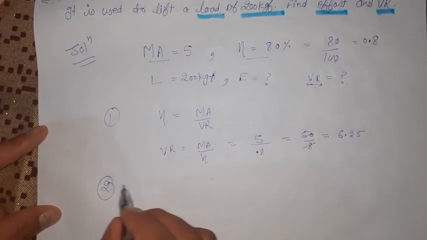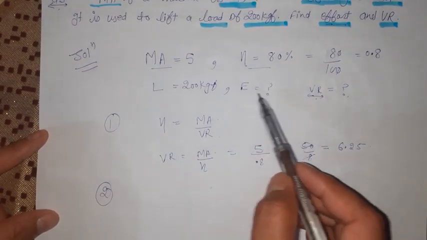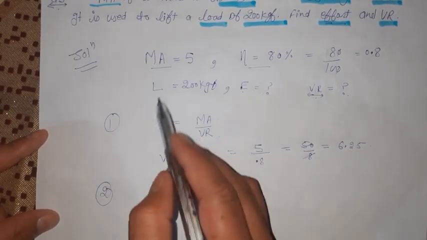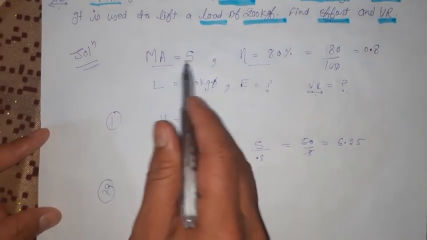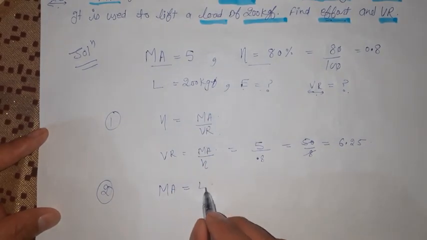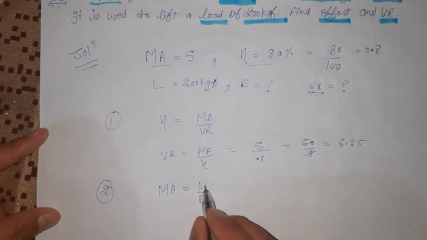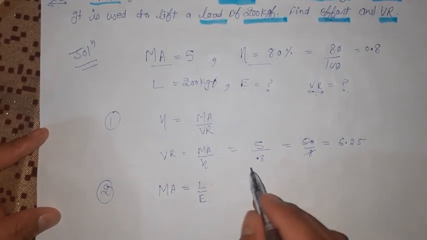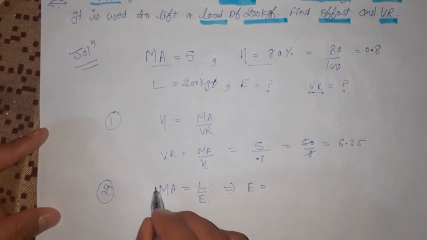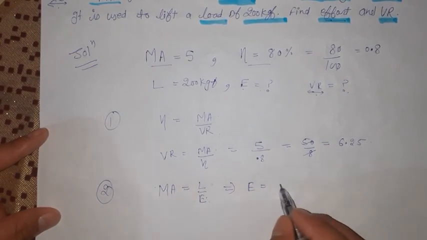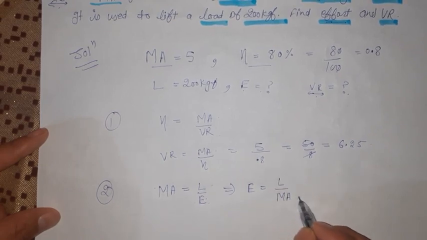Now the next thing is, how much is the effort? Student, as we know the formula of mechanical advantage, which is given to us, it is load to effort. Load is also given, so our demand is to determine only the effort. So take the effort to the left and mechanical advantage to the right side, so it will go in the denominator.